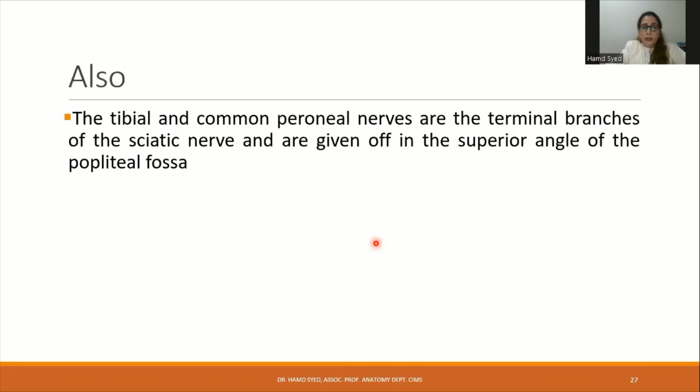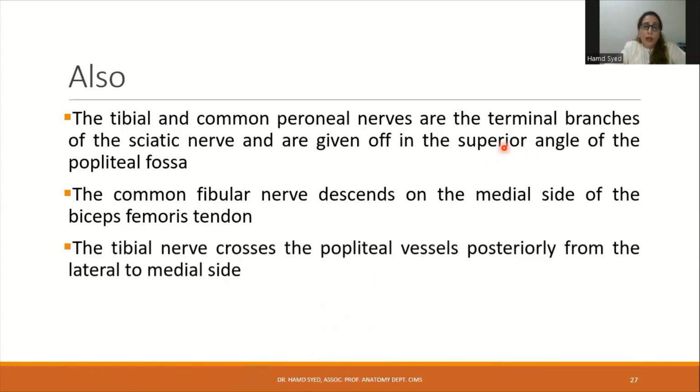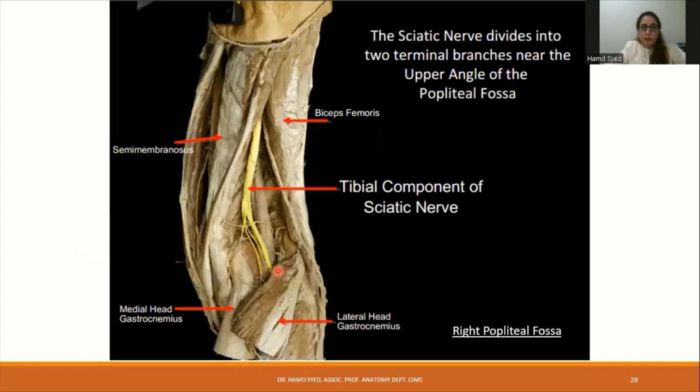Also, as I told you before, the sciatic nerve divides into two terminal branches, tibial and common peroneal, and these terminal branches are given off in the superior angle of the popliteal fossa. The common fibular nerve descends on the medial side of the biceps femoris tendon, while the tibial nerve crosses the popliteal vessels posteriorly from the lateral to medial side. So the popliteal vein crosses the popliteal artery from the lateral to medial side, and the tibial nerve also crosses both these popliteal vessels from the lateral to medial side.